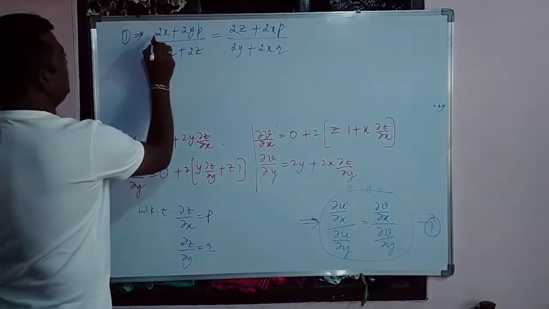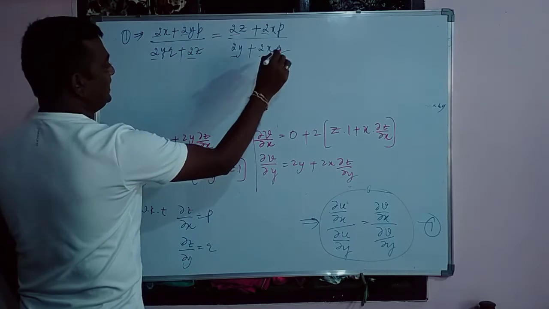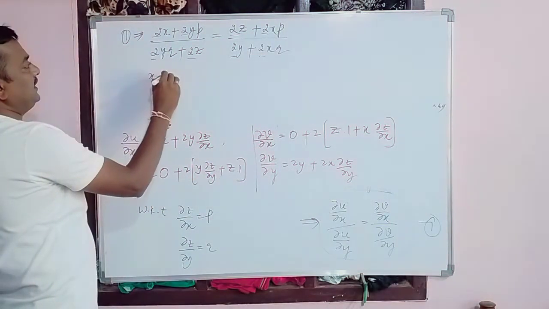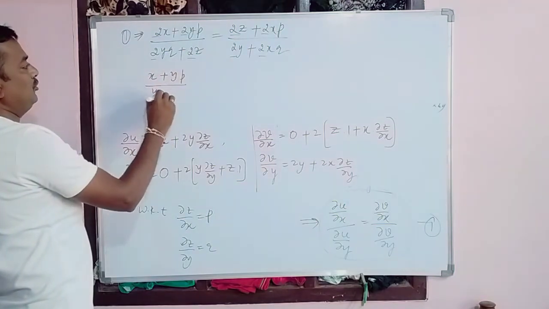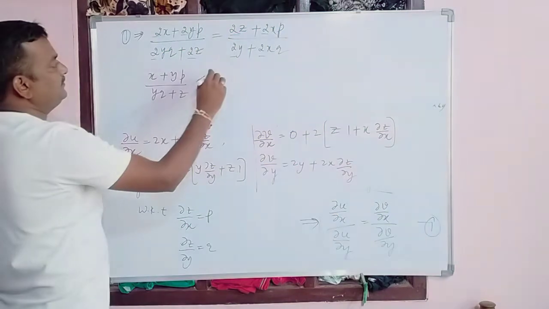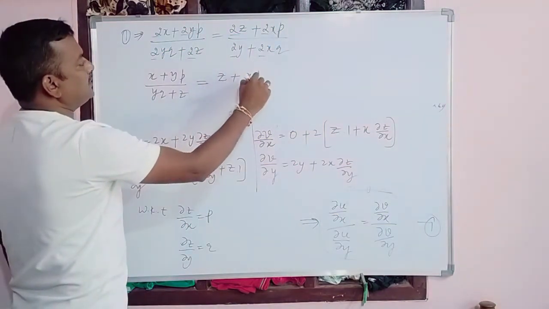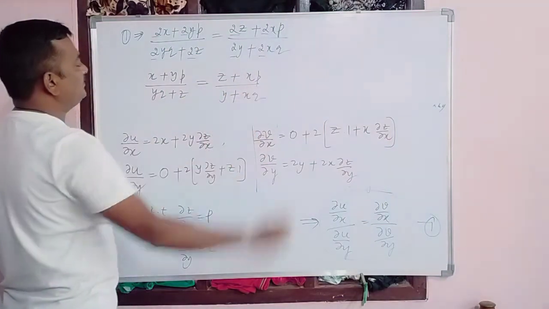The 2 is a constant in both numerator and denominator on the left and right sides, so 2 will get cancelled. What is left here is x plus y p divided by y q plus z, equal to z plus x p divided by y plus x q.